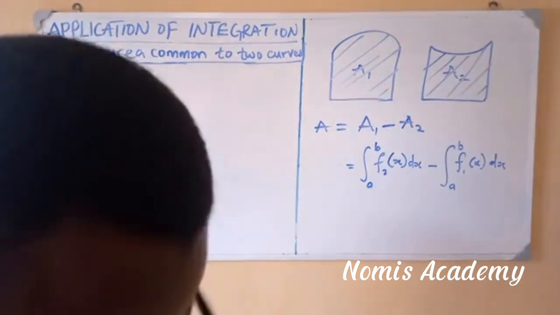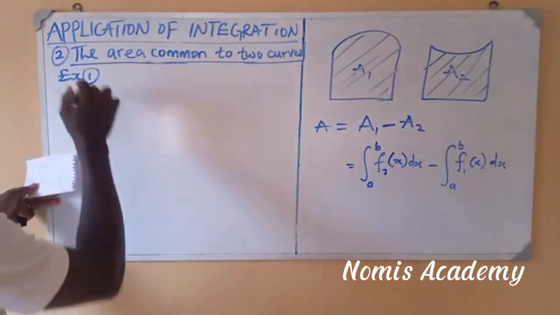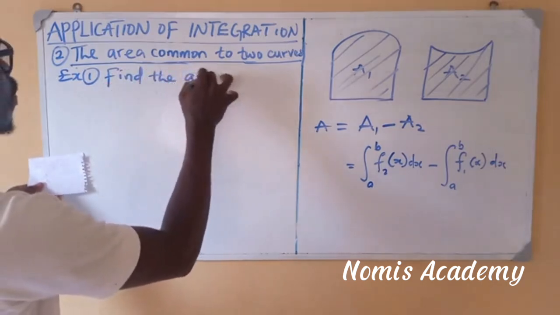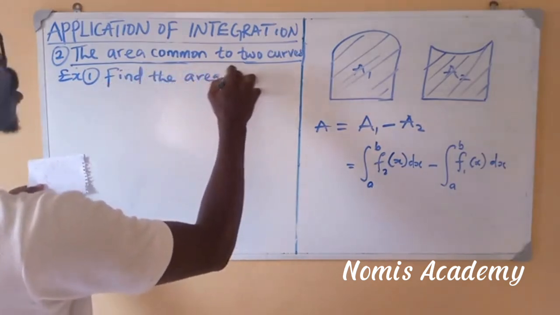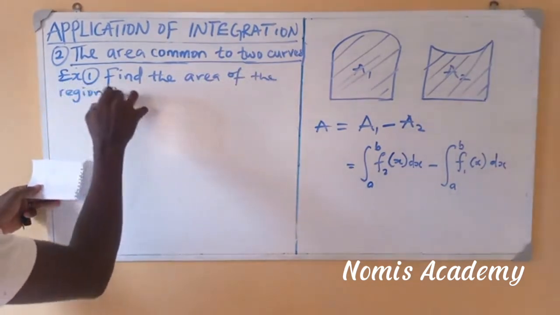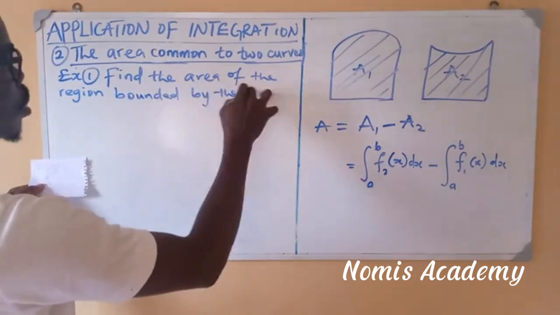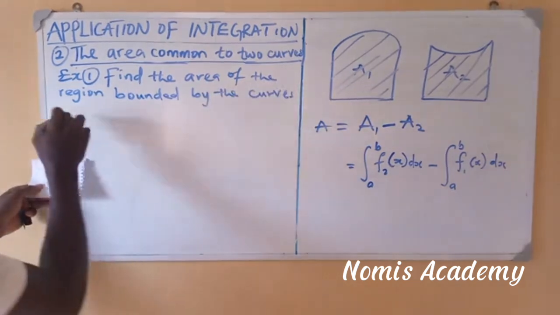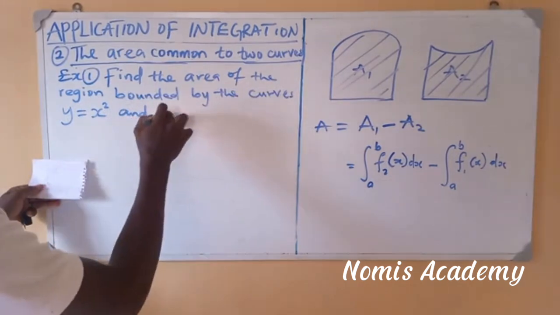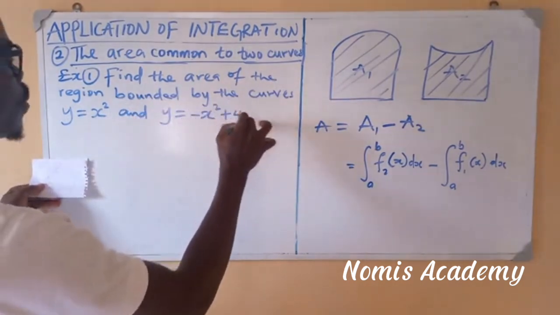Example 1: find the area of the region bounded by the curves y equal to x squared and y equal to minus x squared plus 4.